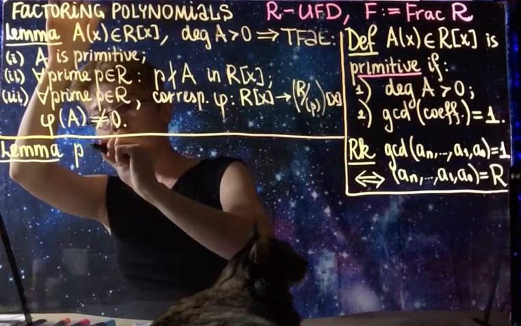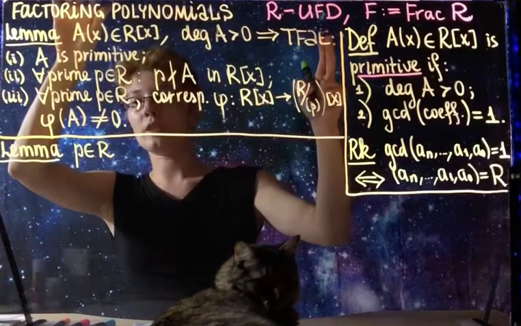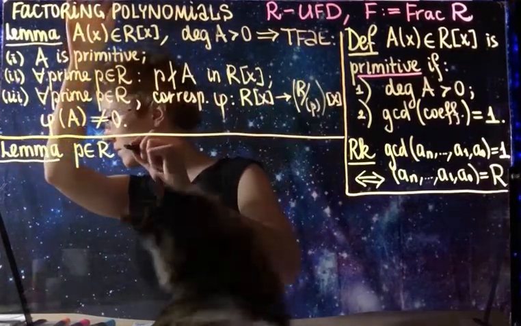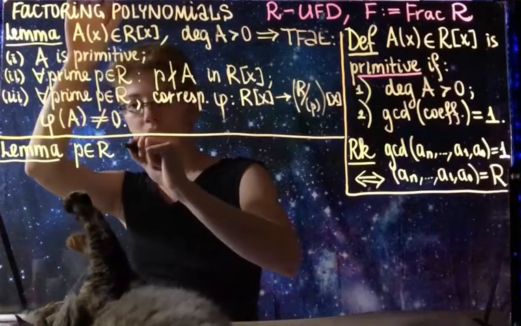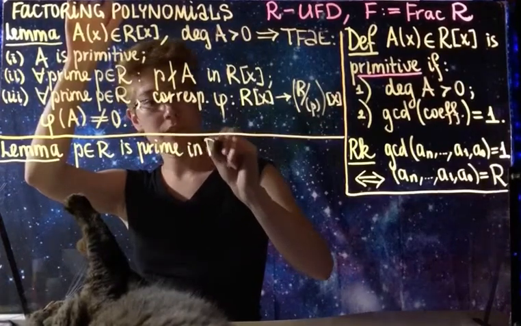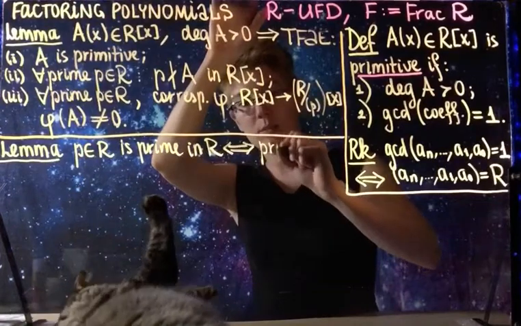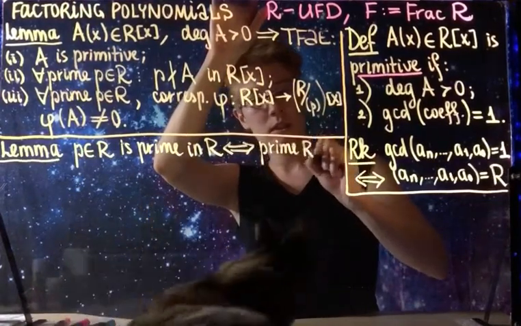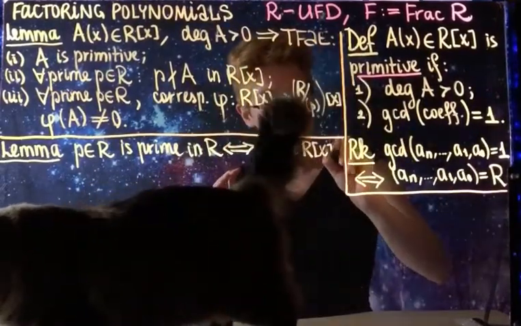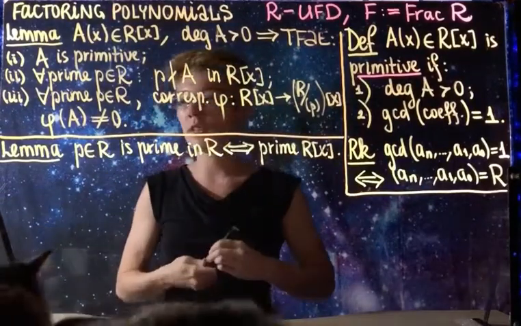Let's take an element P in a unique factorization domain R. Then it is prime in R if and only if it is prime as the constant polynomial in R adjoint X.